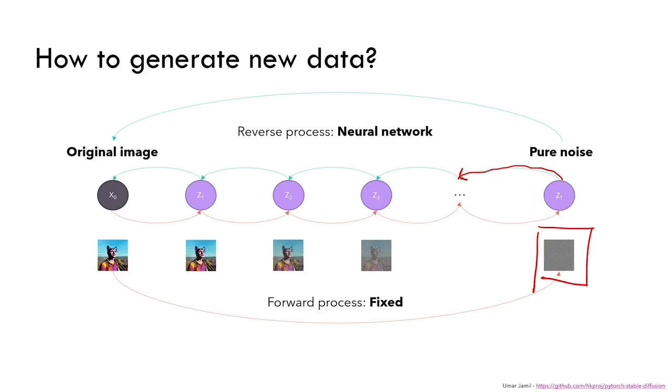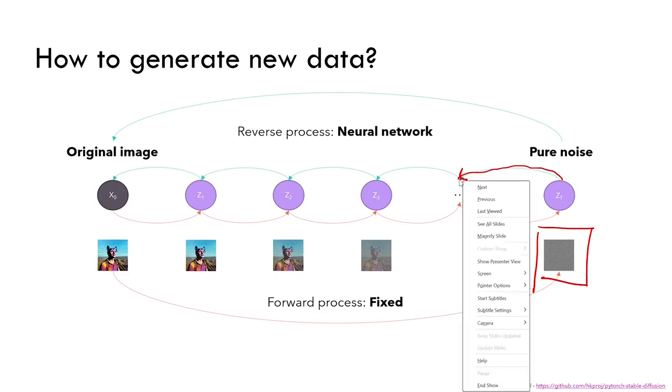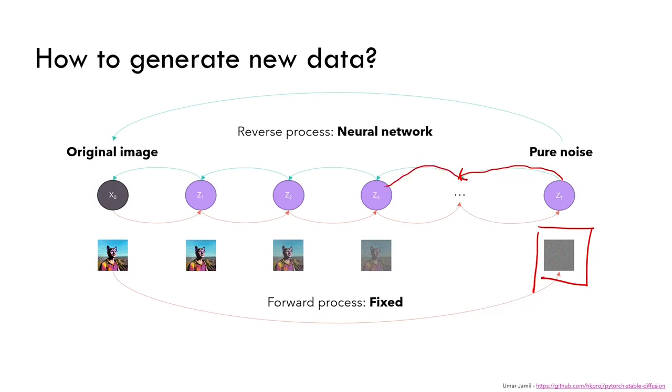We remove this noise, and then we ask the network again how much noise is in there, and we remove it. And then we ask the network how much noise is there, okay, remove it. Then how much noise is here, okay, remove it, etc., until we reach this step. Then here we will have something new. So if we start from pure noise and we do this reverse process many times, we will end up with something new. And this is the idea behind this generative model.